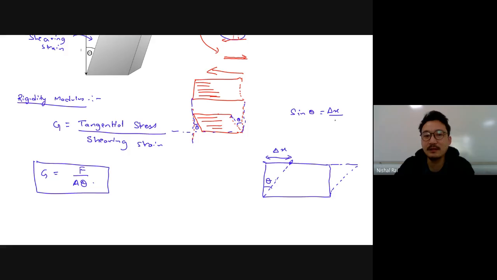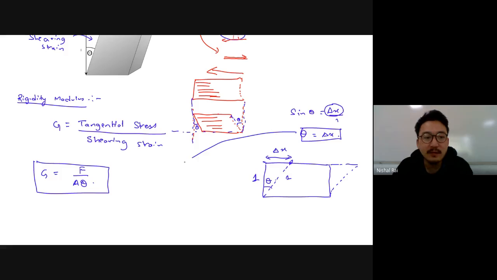Let's consider this as 1. This is also roughly 1. Let's say the deformation is extremely small, so we can roughly take this as 1. Now, when the angle theta is extremely small or delta x is extremely small, then we can approximate sine theta to be delta x. So that's why we are able to put delta x as theta. Shearing.